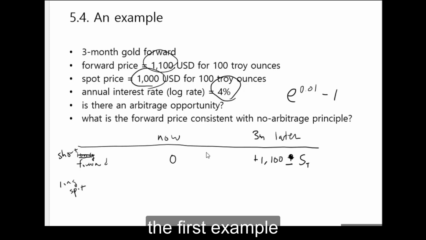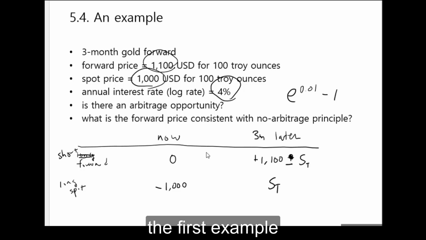So if you go to the spot market right now and buy gold, then right now you need to pay $1,000 to buy gold in the marketplace. Three months later, you can sell your gold and you will receive this S_T from your gold.